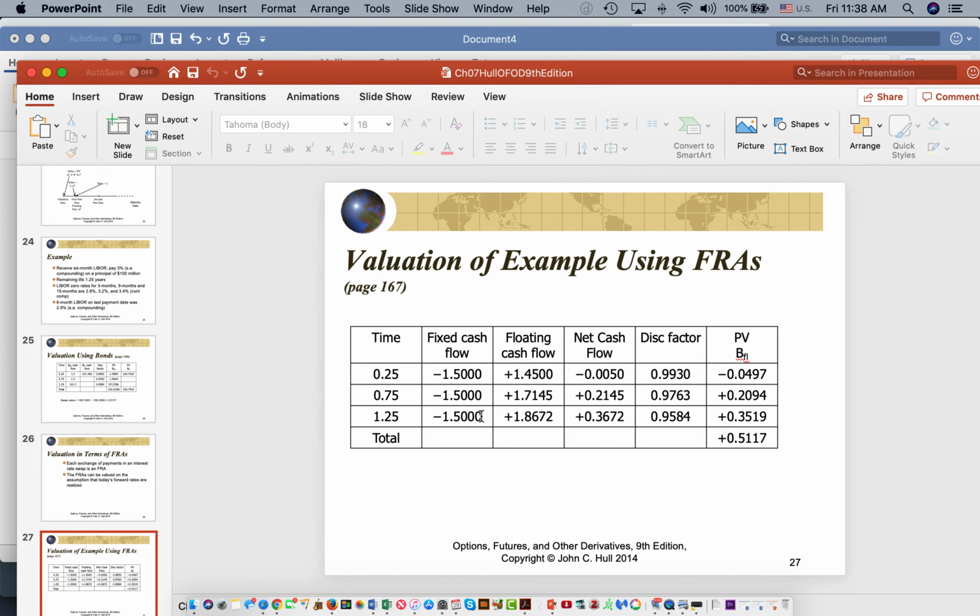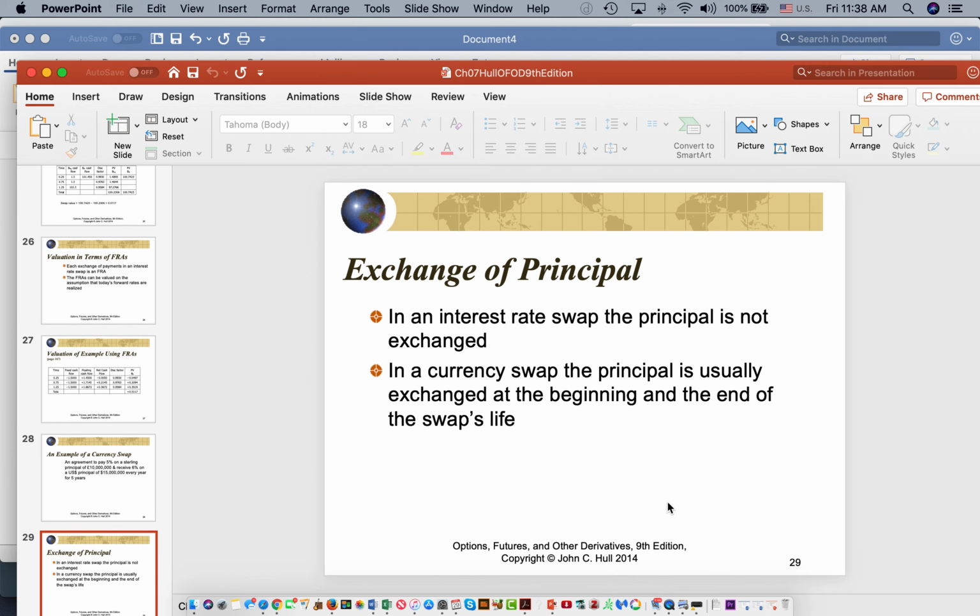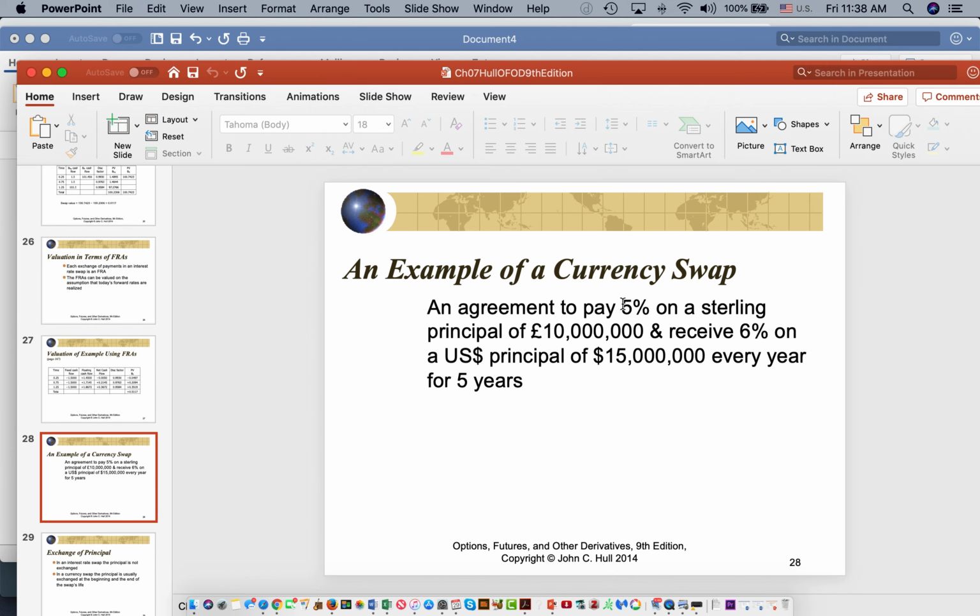More importantly is this one. You can see that swaps are actually a series of bonds. One is fixed rate, another is floating rate, and then you figure out the total value. This example is very worthwhile regarding clarity.